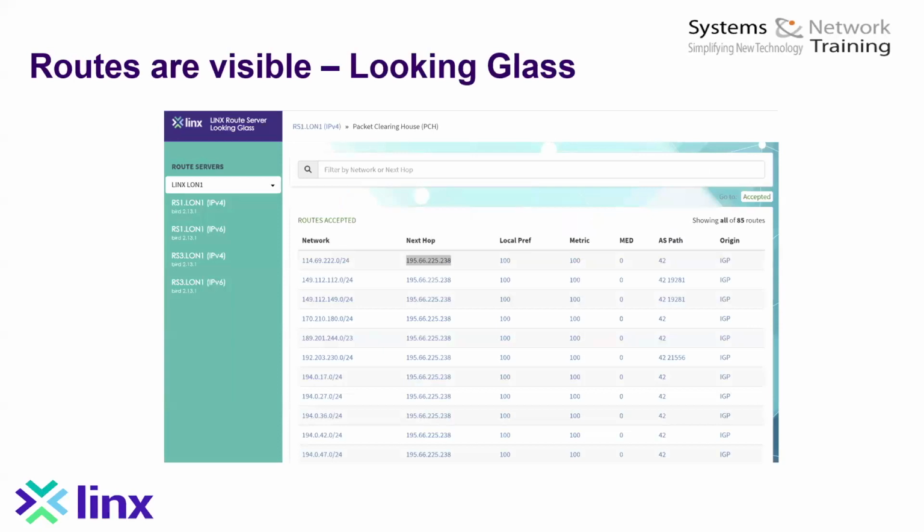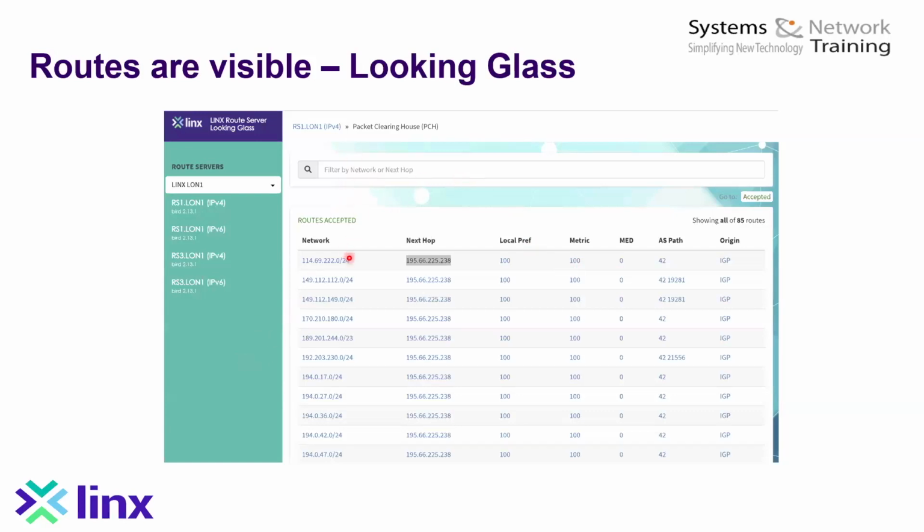Now, we've talked about BGP and how it exchanges routes, and we can see these routes using various pieces of monitoring equipment in the internet. One such monitoring tool is something called a looking glass, such as what we're seeing here, the looking glass of the London Internet Exchange, LINX.